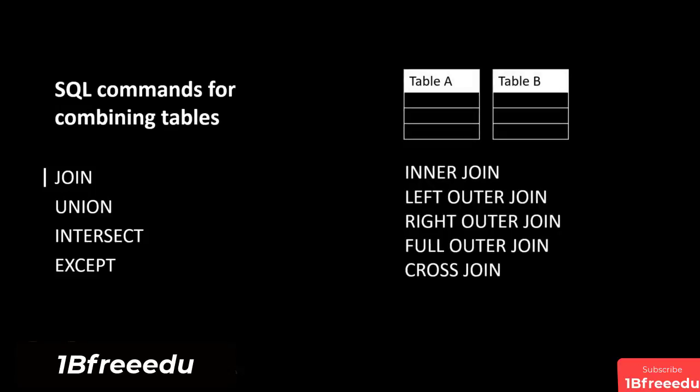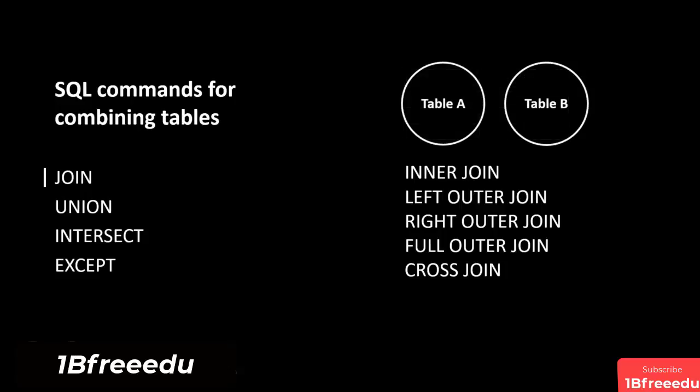When working with data, we sometimes need to retrieve data from two or more tables. For that, SQL has several variations of the join command: inner join, left, right, and full outer join, and cross join. Although the join commands work with tables, sometimes for illustration purposes, the tables are shown as circles.